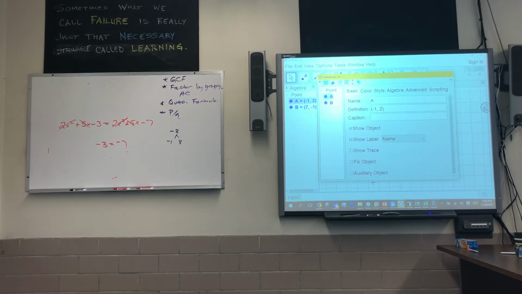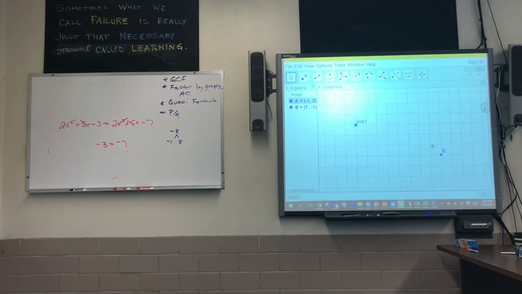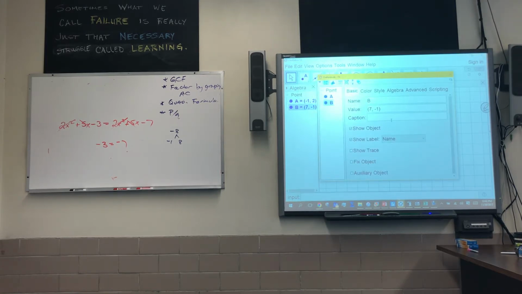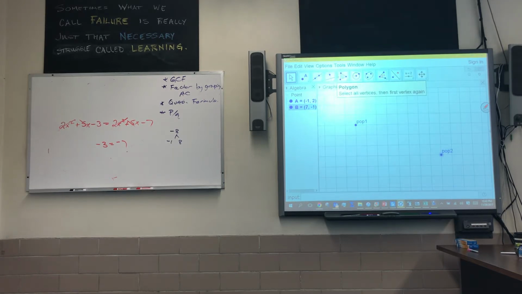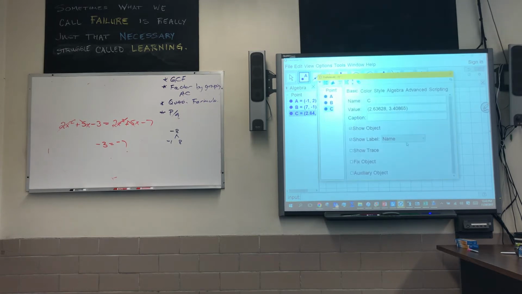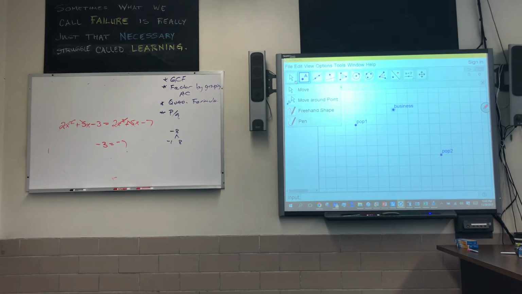So I'm going to call these population 1 and population 2. And you want to put your business in the best optimal spot for both these populations, right?